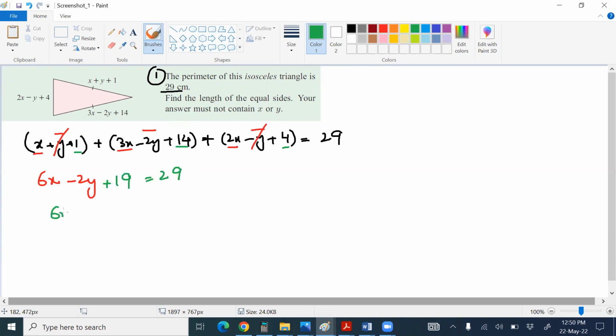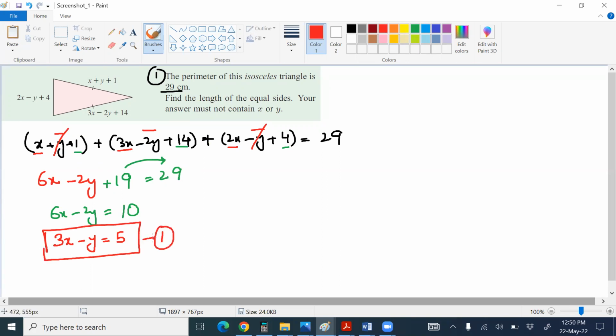Further reducing it, 6x minus 2y is equal to 19 when taken on the other side, gets subtracted, and you're left with 10. And in order to further simplify that, it's better that we get it in the simplest form. And that is our first equation.